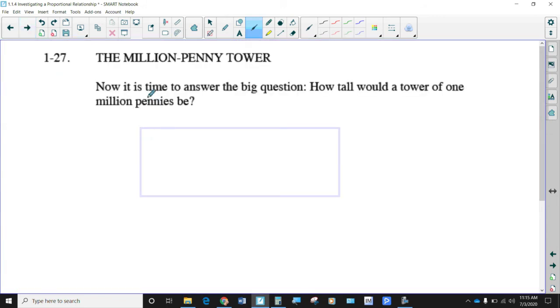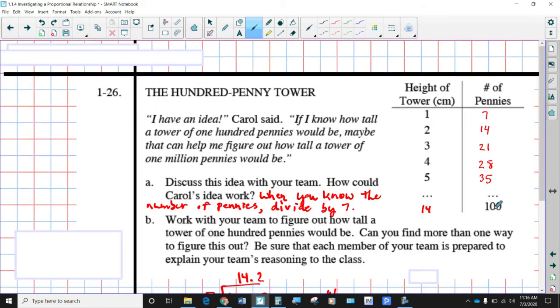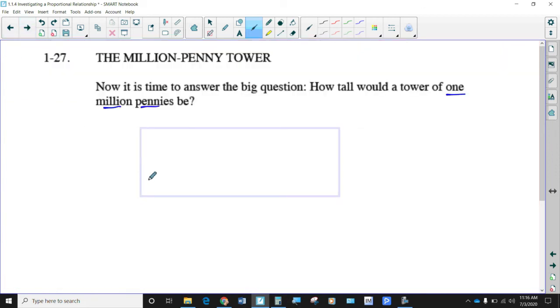All right, so now it is time to answer the big question. How tall would a tower of 1 million pennies be? Once again, when we know the number of pennies, we divide it by 7. So go ahead, work through that process.